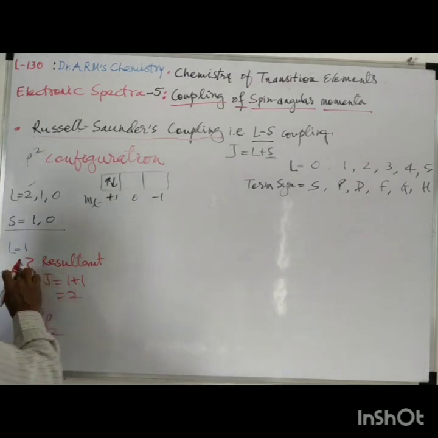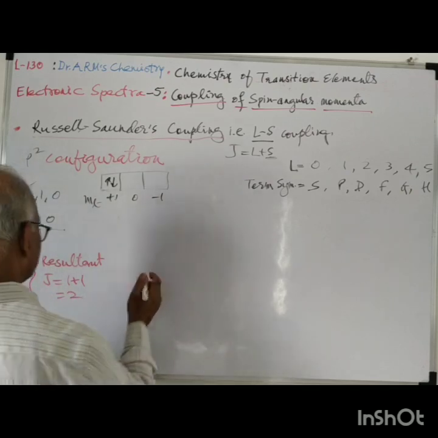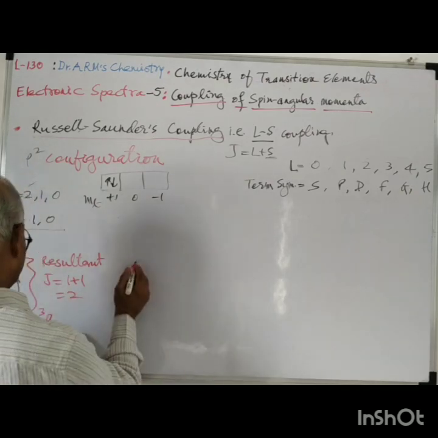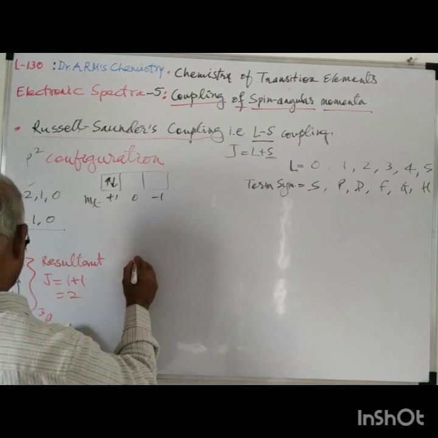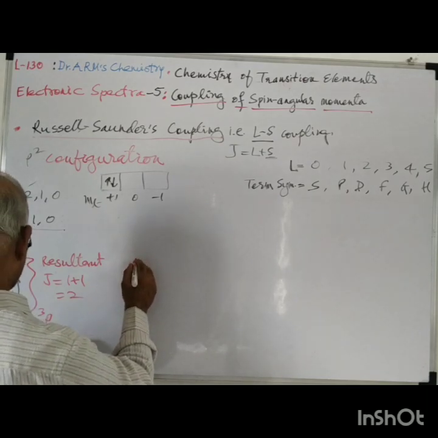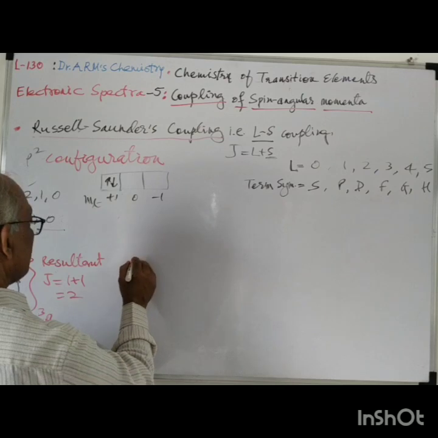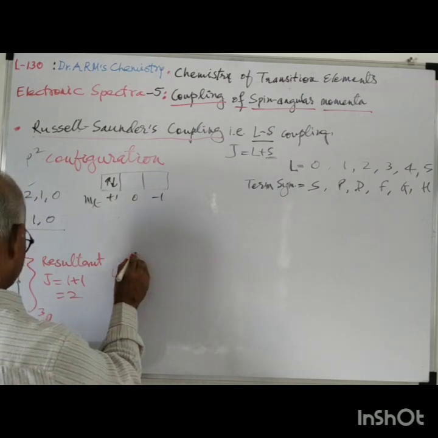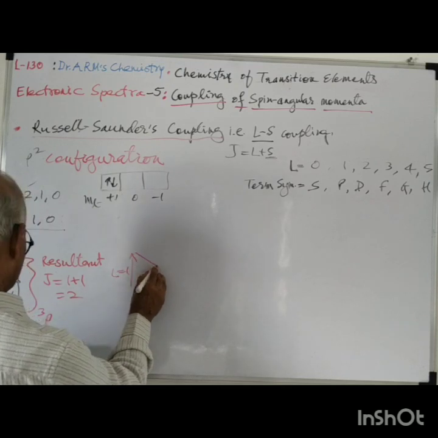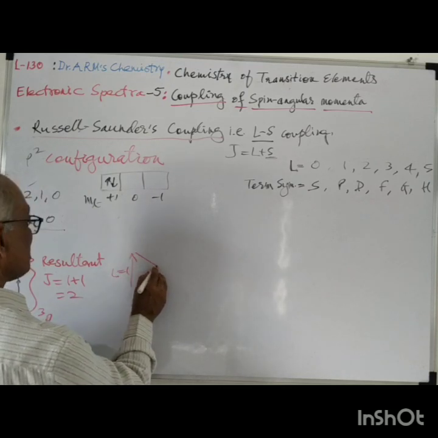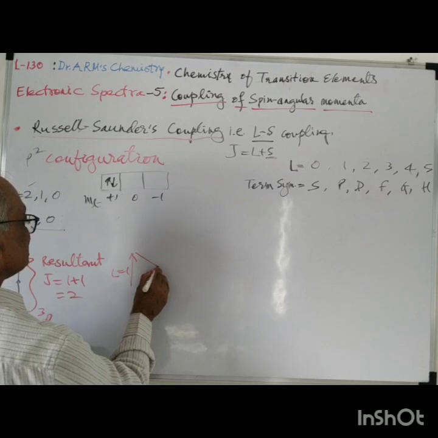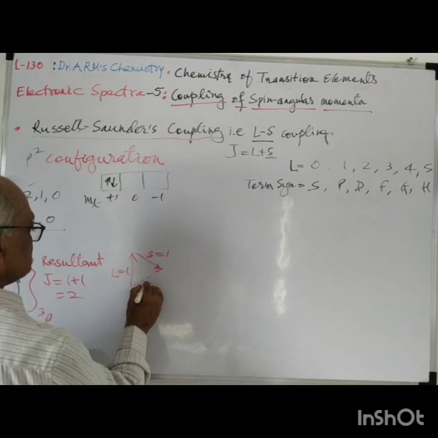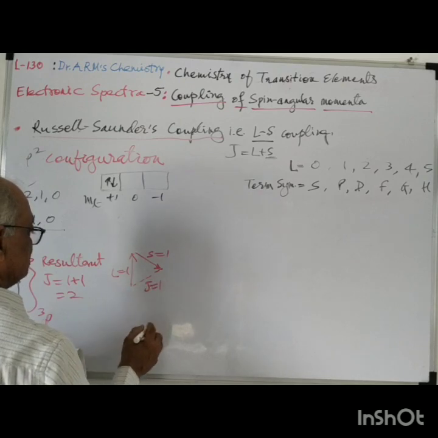Then, when this vector is changing the direction, so the spin angular momentum is changing, it is shown in this way. That is, for L is equal to 1, this S is equal to 1 and this J is equal to 1.